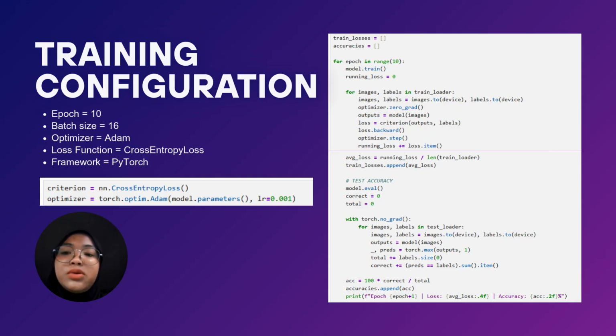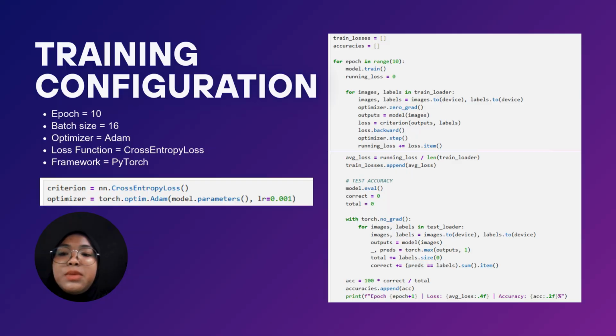The cross entropy loss function was used since it is a multi-class classification problem involving 33 different identities. This function measures the difference between predicted output and actual labels, guiding the model to improve its accuracy.